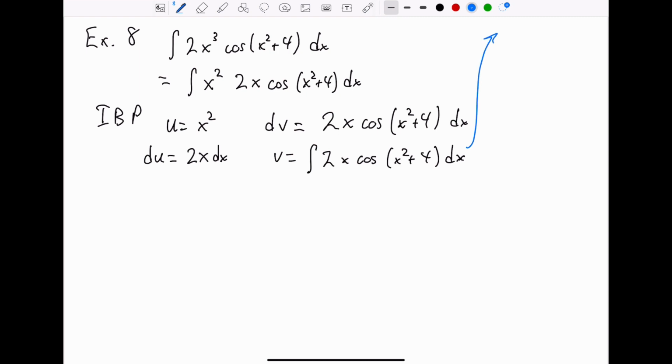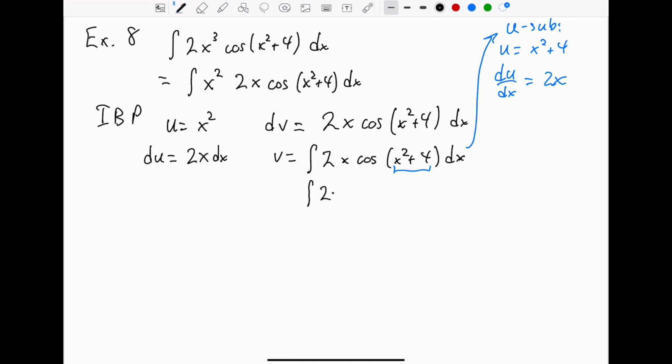In order to solve this, I will choose u substitution, and I'm going to choose u to be the inner function x squared plus 4. Once again, the u that I'm using for u substitution is different from the u that I used in integration by parts. It's unfortunate that we use the same variable name, but we don't want to get those confused. Take the derivative of this u, it's 2x, and now substitute back into the integral.